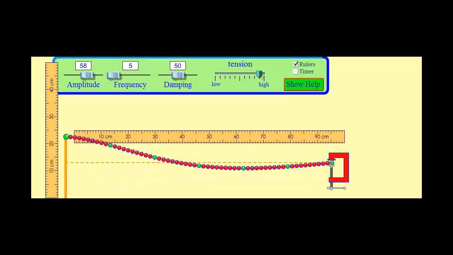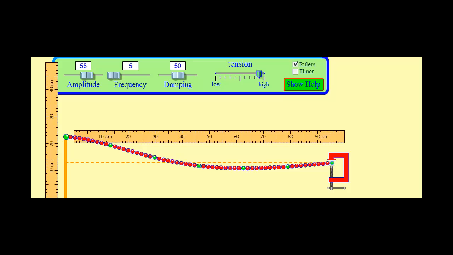Say at this instant, the displacement of this green particle where the mouse pointer is, is the distance from this mean position to this point, which is maybe around 19 centimeters. Anyway, so this is the displacement.